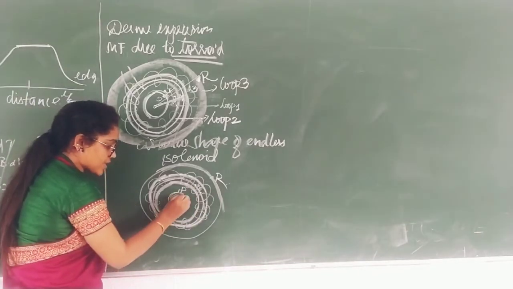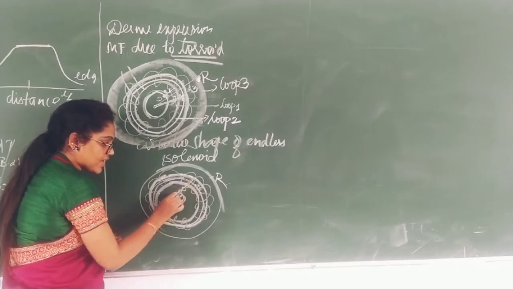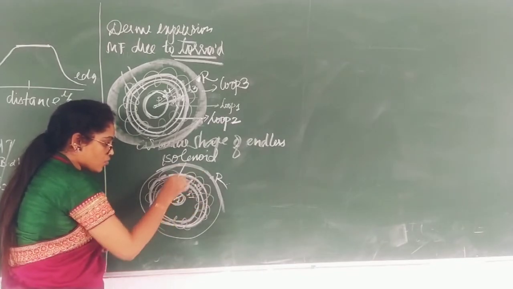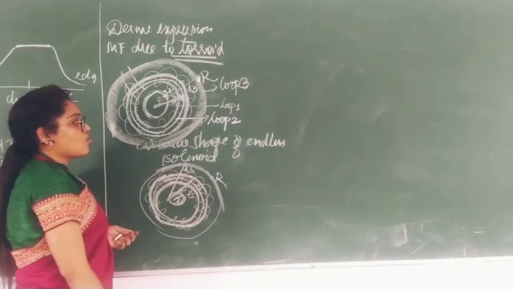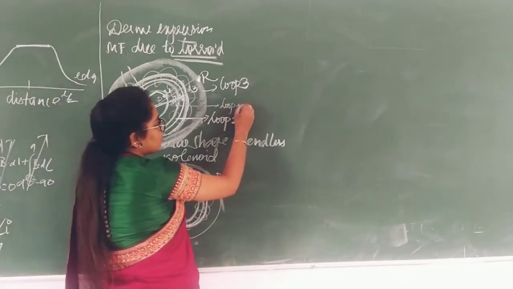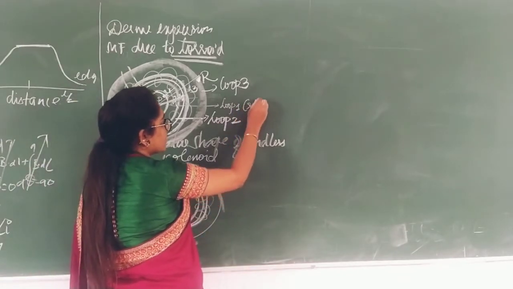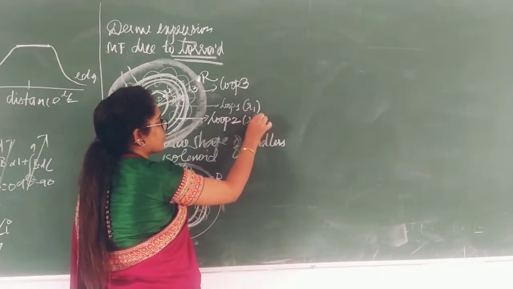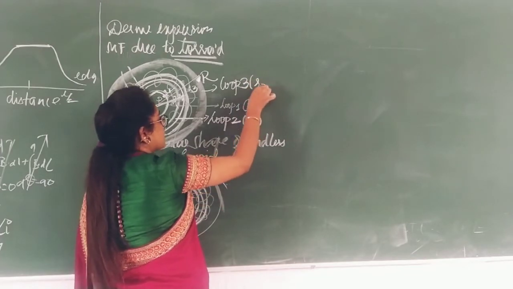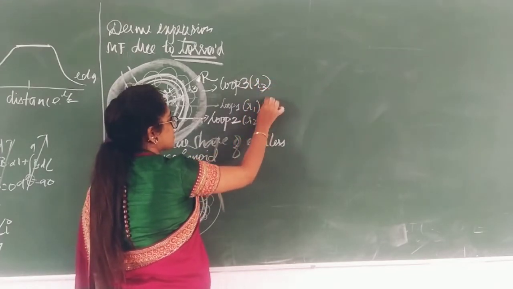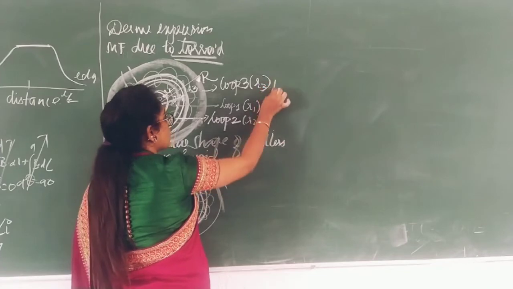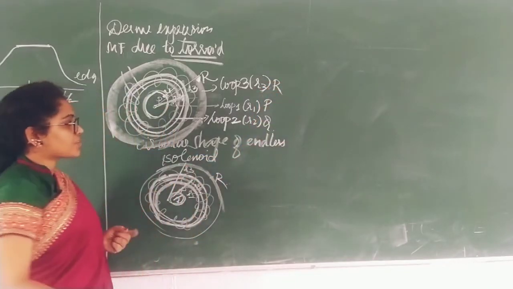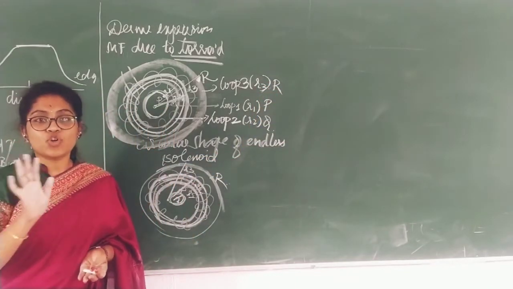This radius is R1, inside R2, outside R3. Loop radius is R1, for this it is R2, for this it is R3. For this it is P, for this it is Q, for this it is R. Fine. My loop is ready.